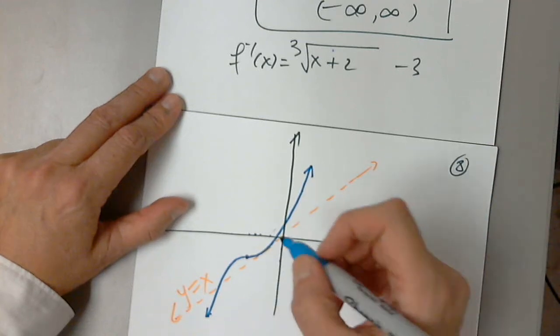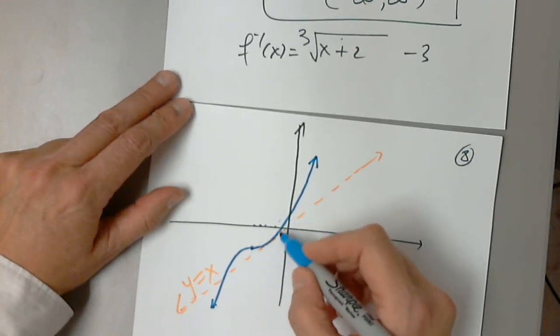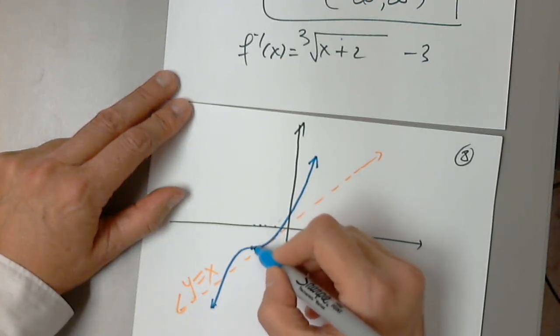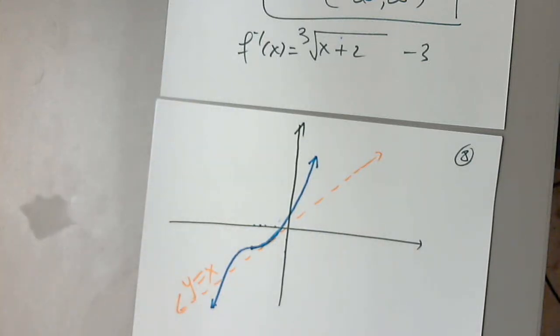I don't know if it touches here. We'll have to graph all of them with the graphing calculator. I have to do some calculations whether it touches here. I doubt it. So don't make it touch the line y equals x.